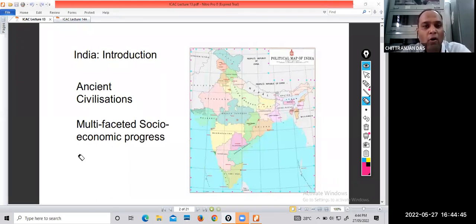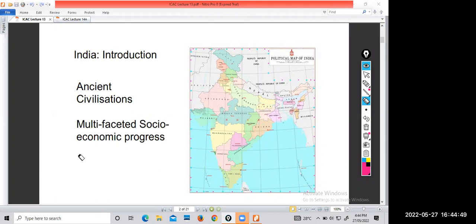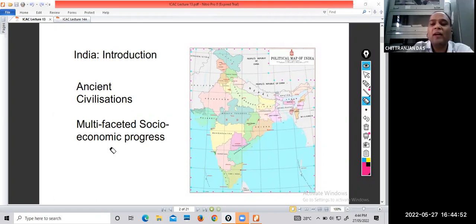Agree or not? Yes, sir. So all this shows India's multifaceted socio-economic progress.